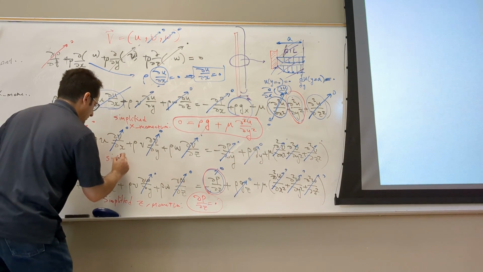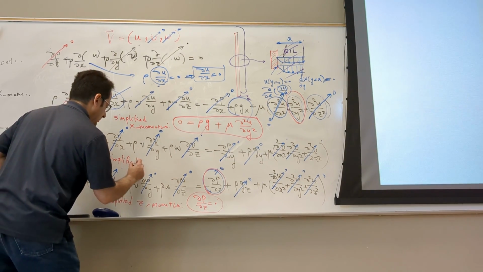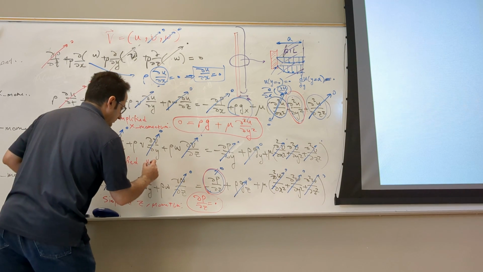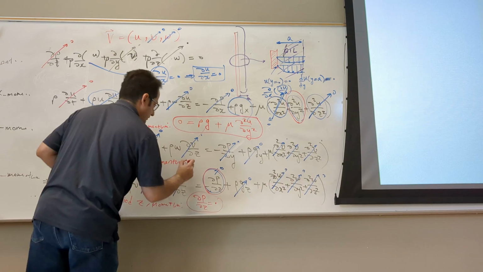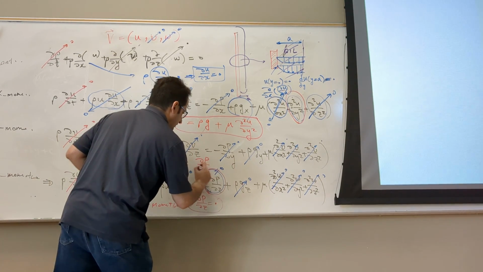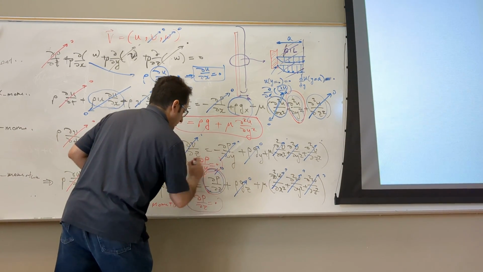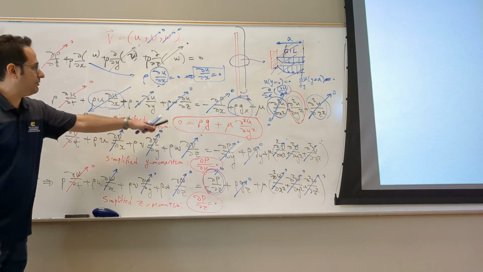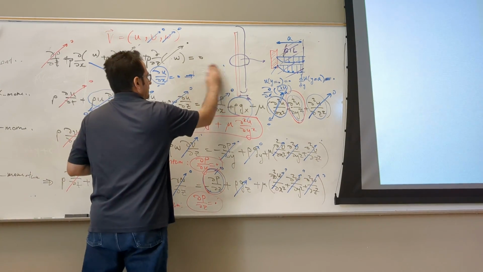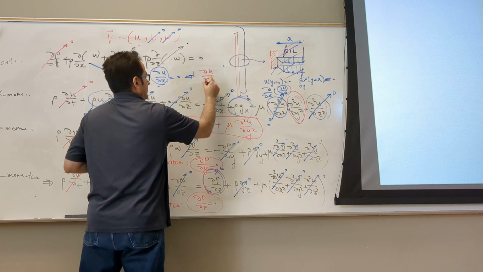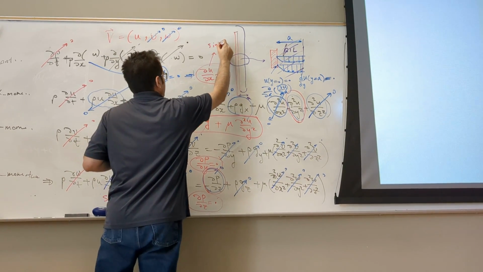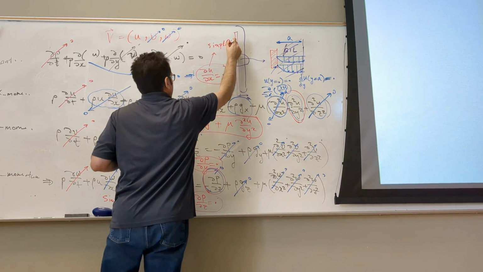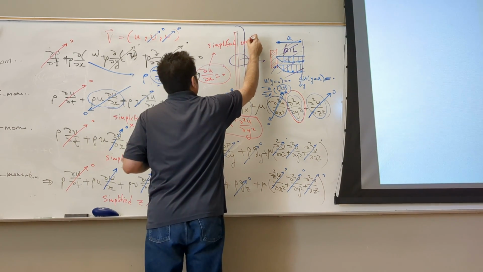Simplified y momentum is what? The pressure gradient with respect to y is 0. And this is x momentum, and continuity is simply that. This is simplified continuity.